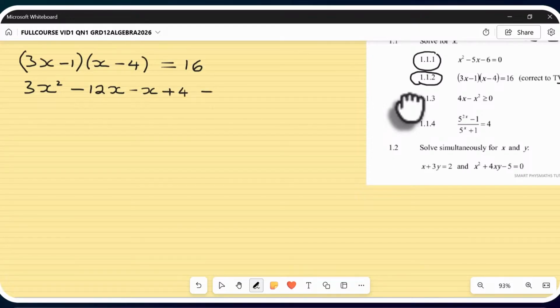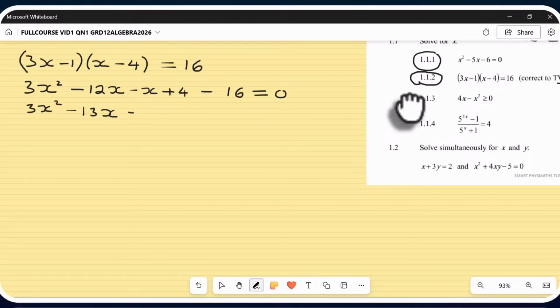Here then, collect like terms: we have 3x squared, then minus 13x, then 4 minus 16 becomes minus 12, equals 0.